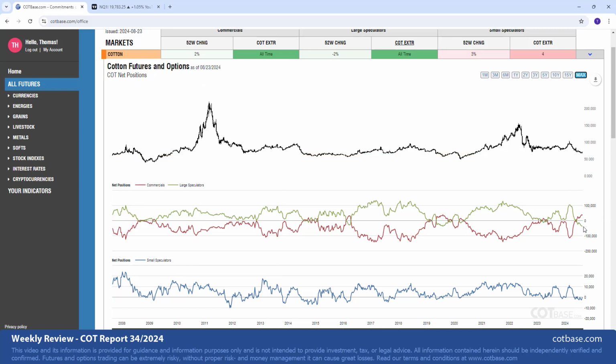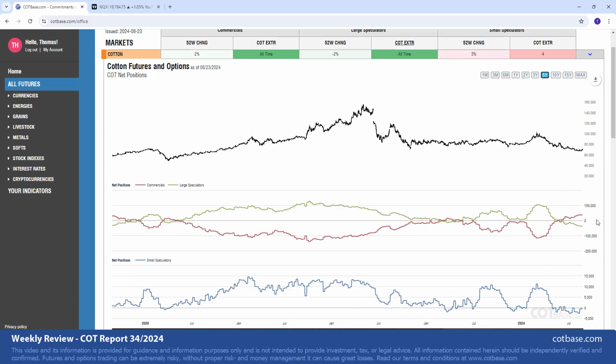This is the highest level of position that these traders were holding: commercials around 44,000 contracts net long, and large speculators around 35,000 contracts net short. So that is a significant extreme, suggesting that cotton should be able to rise.